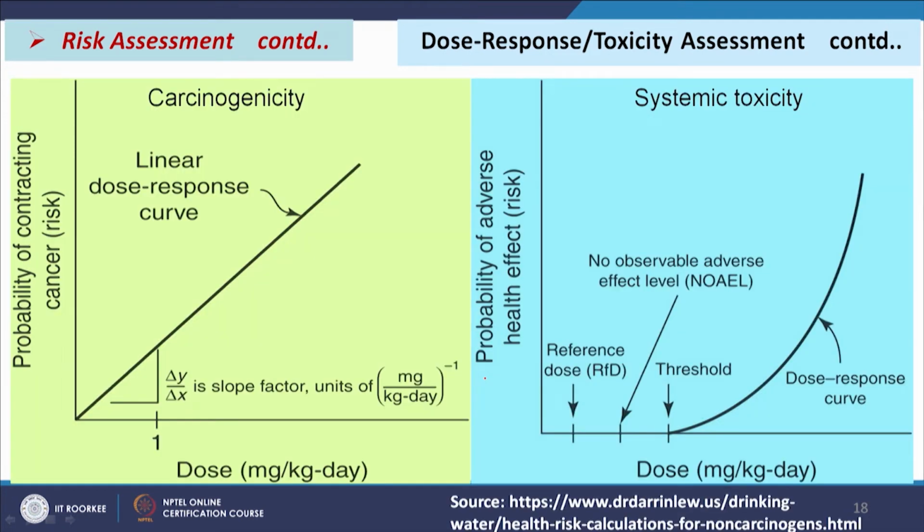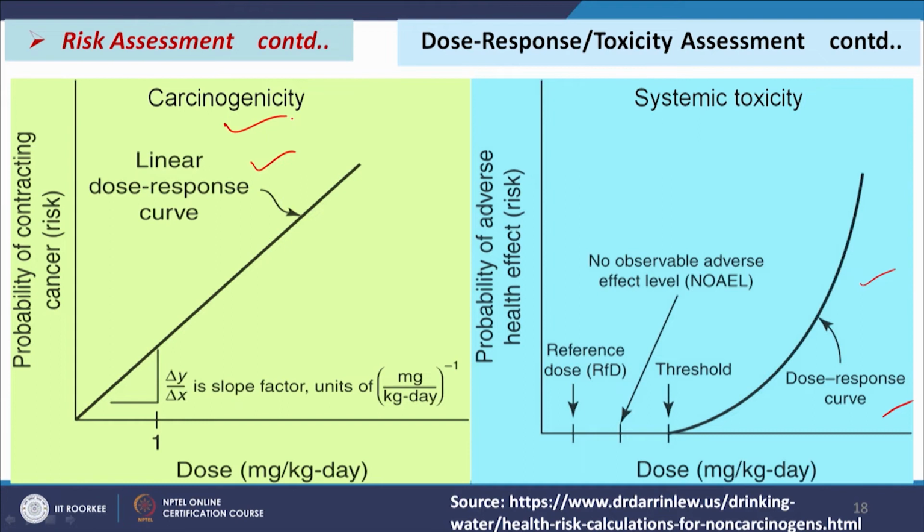Now, dose response curves are also there, graphs are also there. Here you see the first one is a straight line, that is a linear dose response curve, but this one is not a straight line, it is non-linear. This curve is basically applicable for carcinogenicity, the cases where the material is carcinogenic in nature.